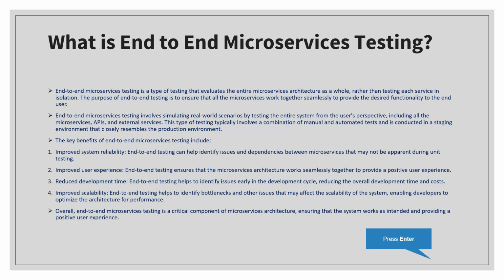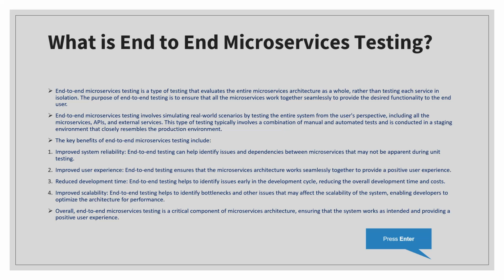Third point, the key benefits of end-to-end microservice testing include: first point, improved system reliability. End-to-end testing can help identify issues and dependencies between microservices that may not appear during unit testing. Second, improved user experience.